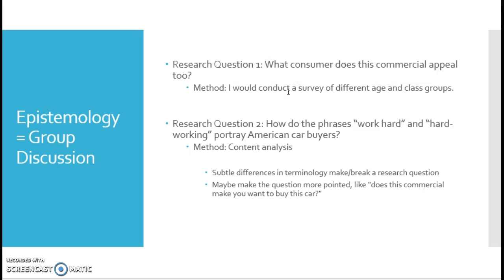So if I had a survey and I asked a lot of different demographic questions about people's age, maybe their social status, economic status, maybe something about their cultural background, one of the questions I might want to ask is if the commercial makes them want to buy a car. I might ask other kinds of questions that I think get at this idea of appeal.